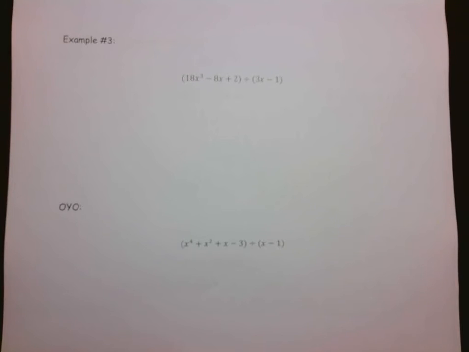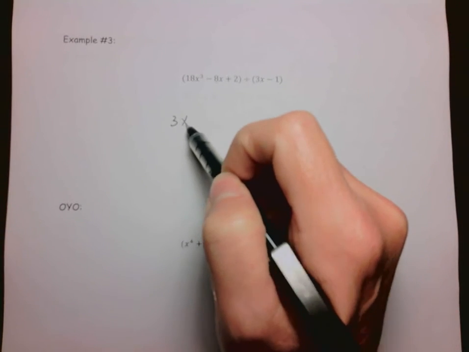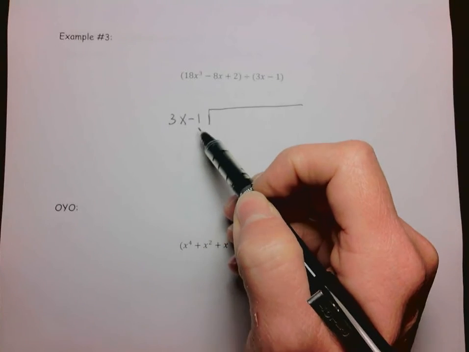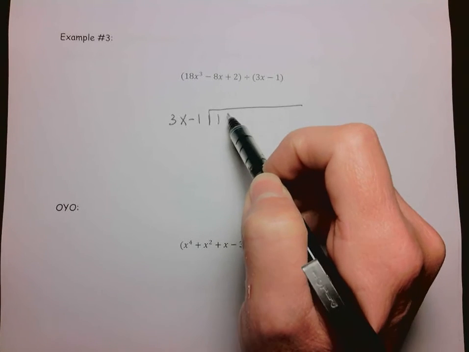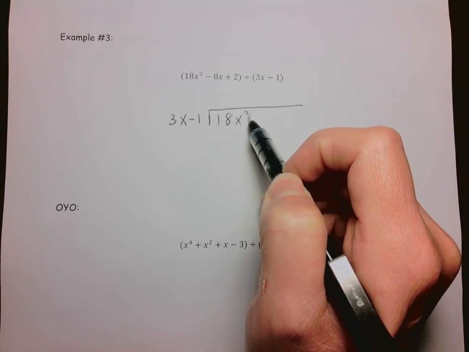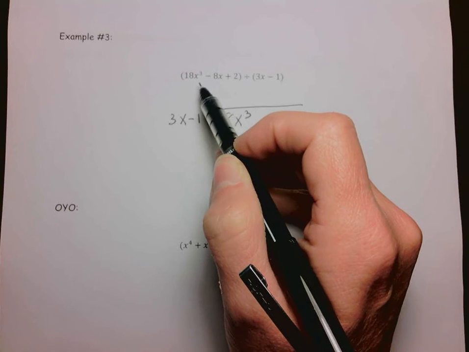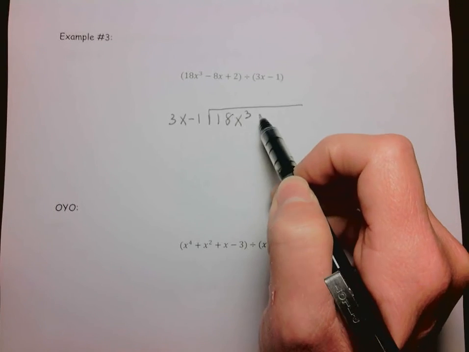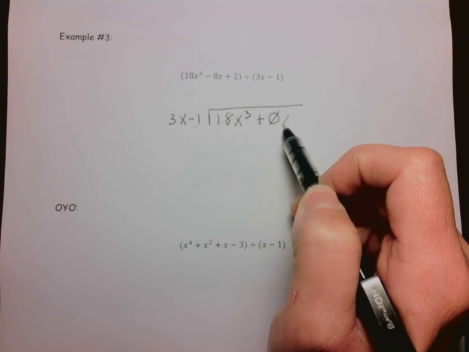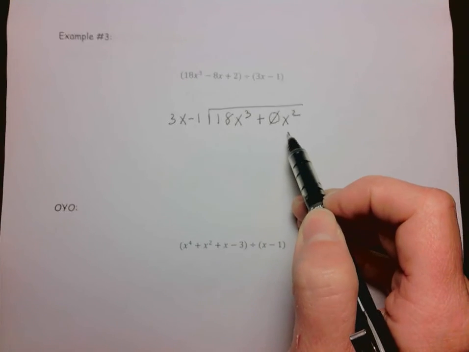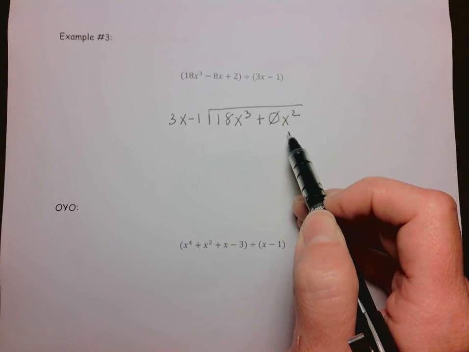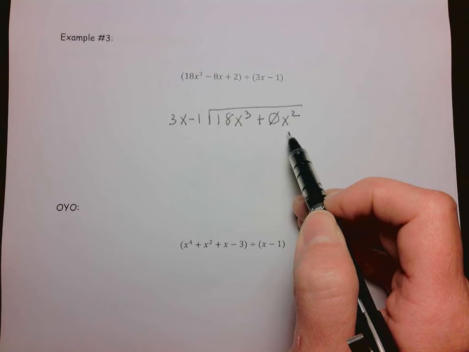Okay, example number 3. Again, the process is the exact same. I'm making sure this is in standard form, but be very careful. I have an x to the third, and I have an x. If there is no x squared term, you have to put one in there as a placeholder.